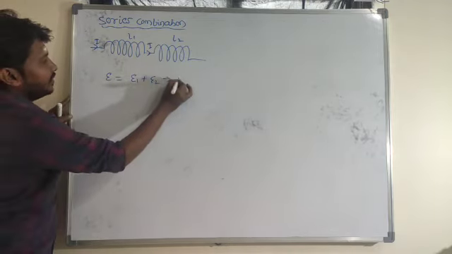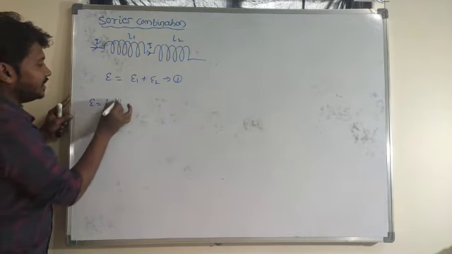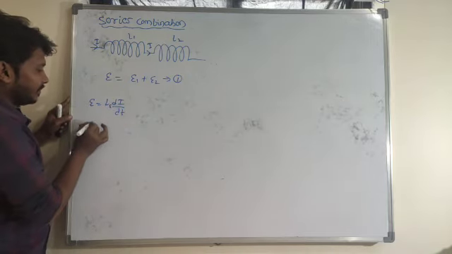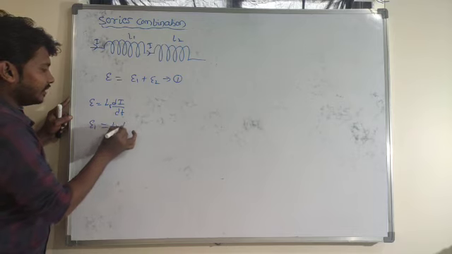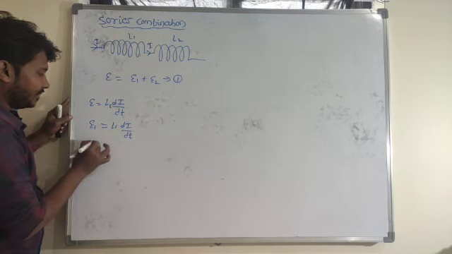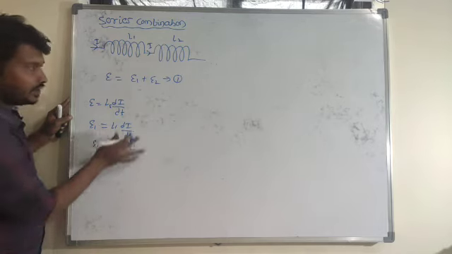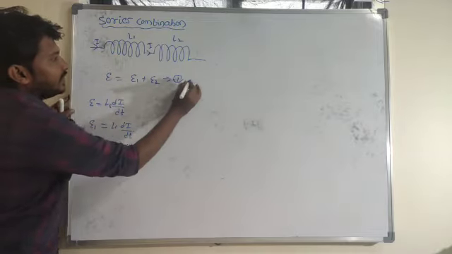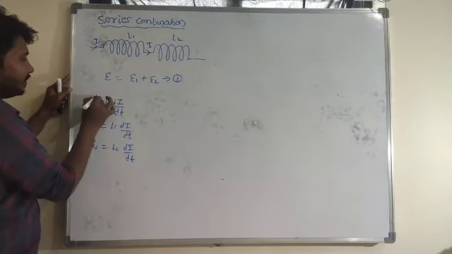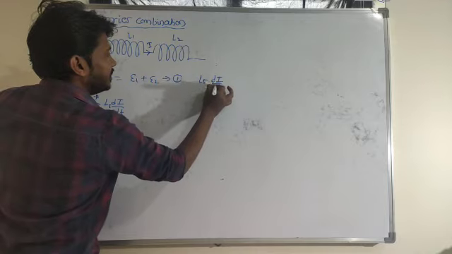So from Ohm's law and self inductance, E is equal to L into di by dt here. Okay, so it is in series combination. E1 is nothing but what? L1 into di by dt, since current is the same. E2 is equal to L2 into di by dt. So if I consider these values, equation 1 I can rewrite as: E is nothing but L of S into di by dt.